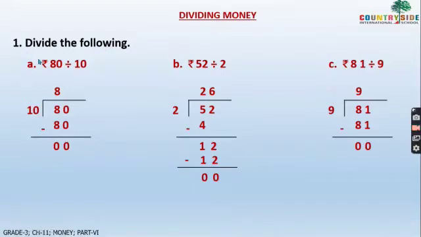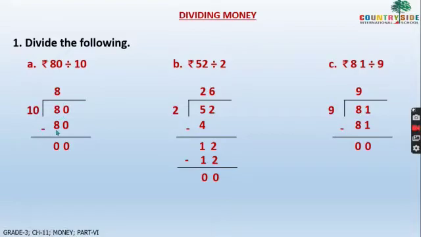Now what is the first example here, children? Rupees 80 divided by 10. How will you write it? Rupees 80 we have to divide, so you write 80 inside and 10 outside. In the 10 table, does 80 come? Yes, 10 8s are 80.